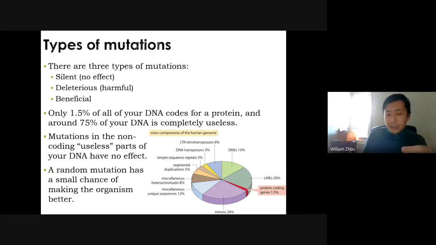You depend on that probability of something happening that improves the performance of the organism. And once that happens, then that advantage will grow. If you have an advantage, you're going to outcompete everybody else and you become prominent in the population. So there is a small chance. The mutations are not all bad. In fact, if there weren't any mutations, we wouldn't be here because evolution needs mutations in order to introduce variation.